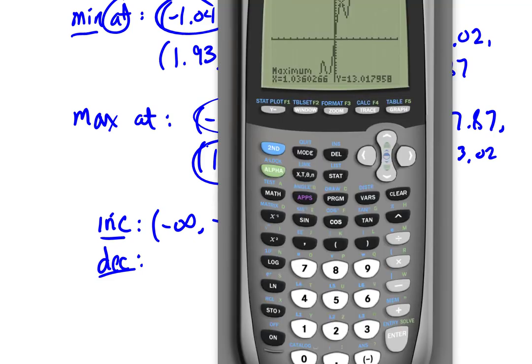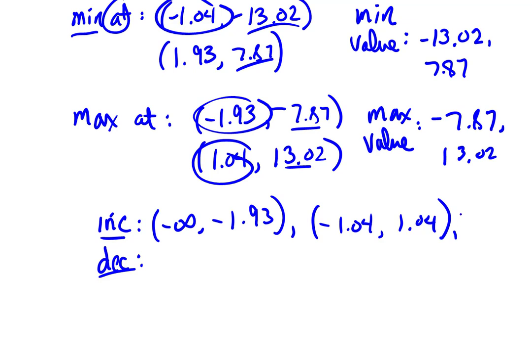Then it does appear that the graph continues to increase after the second valley. So anything from that on to infinity should also be increasing. Let's recall where that occurred. The second valley occurred when x was at 1.93. So we'll say 1.93 comma infinity to represent everything after that.